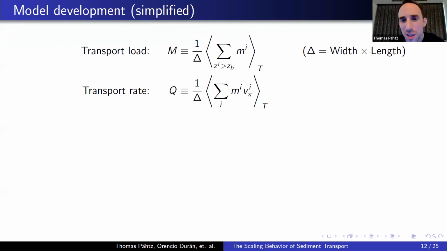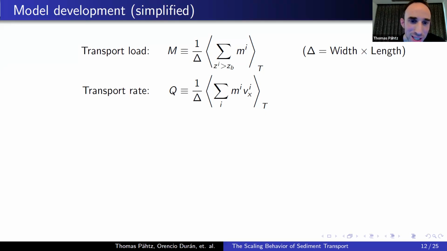The bed surface is the interface between the wind or the water and the granular bed, and we have a definition for that, but that's not important. So we sum over all the masses of all the particles above the surface, average over time, and divide by the area, so per unit area. That's the area of the simulation domain. That would be what we define as transport load.